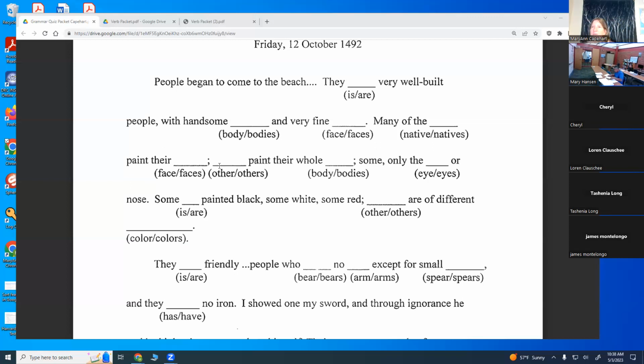People began to, this is Friday, October 12th, 1492. I did not write this one. It's written by Columbus, who sailed the ocean blue. That's right. Oh, gosh, I think I've seen this quote already. I think it was in our Howard Zinn studies in social studies. This looks familiar, right?